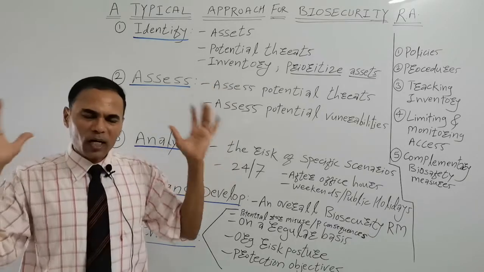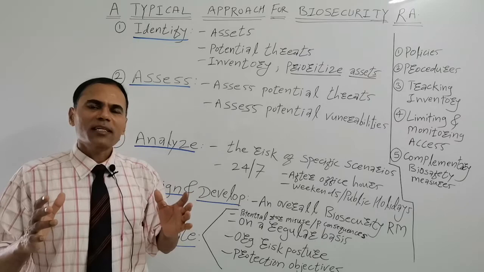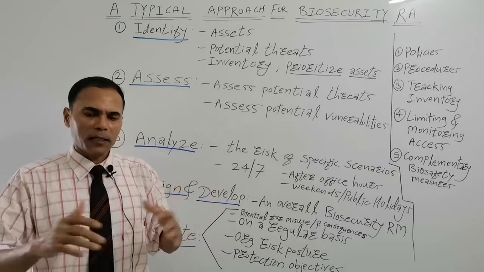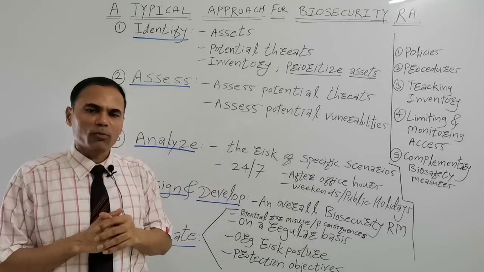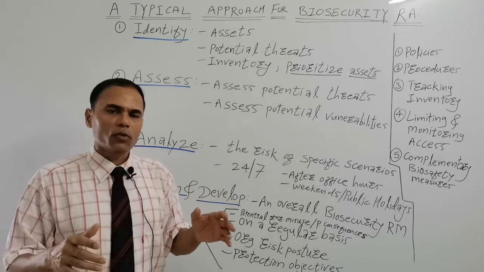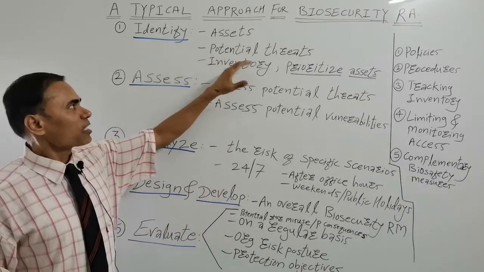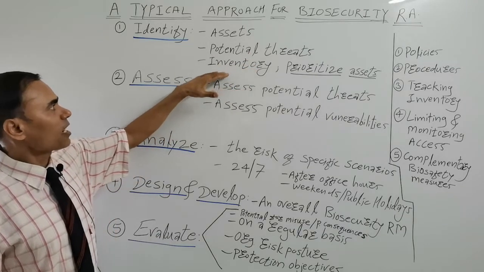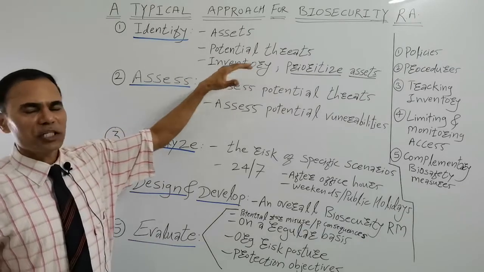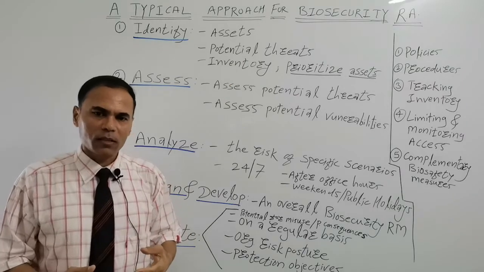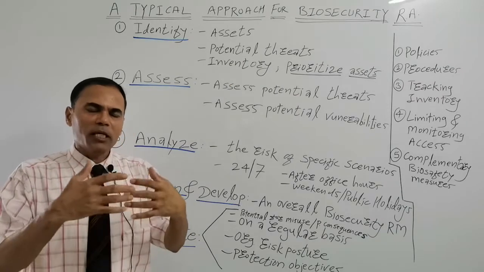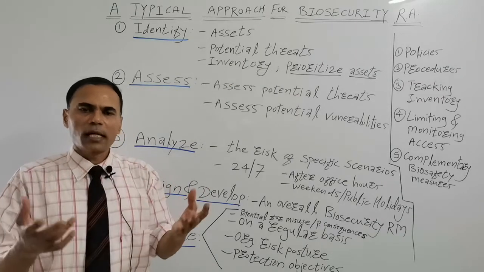Those who are part of the organization, that is called an insider threat, and those who are not part of the organization or are outside, that is called a threat from the outside. So identify the potential threats. Then after that, have a look at the inventory. What is missing from the inventory list? Maybe any biological agents or toxins or their derivatives.